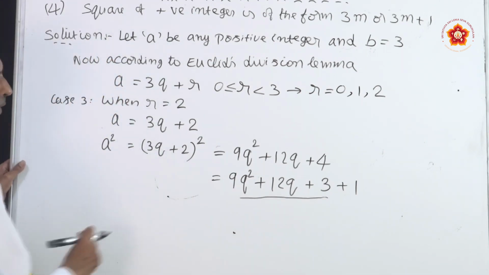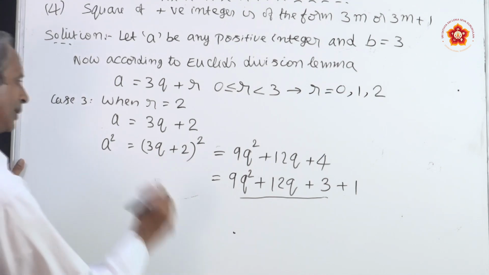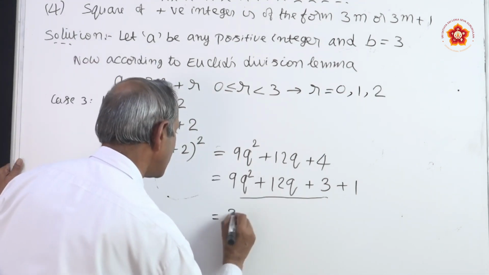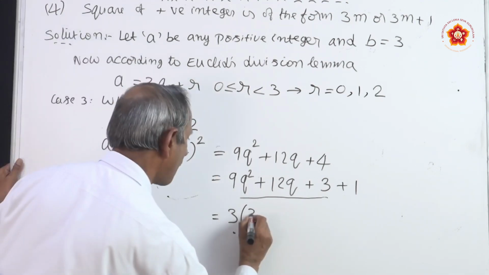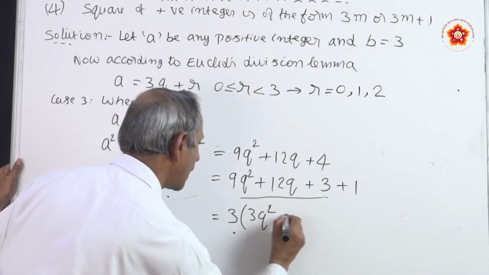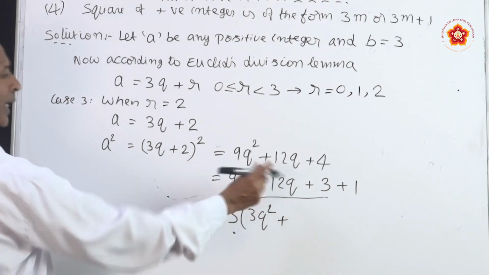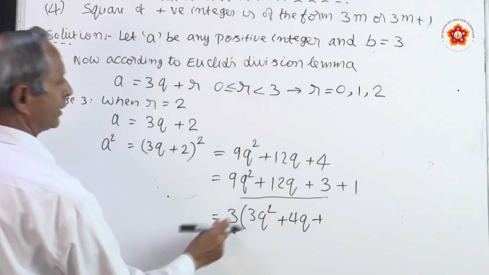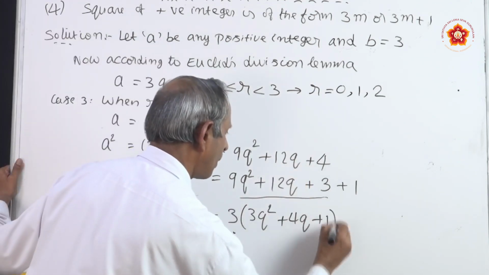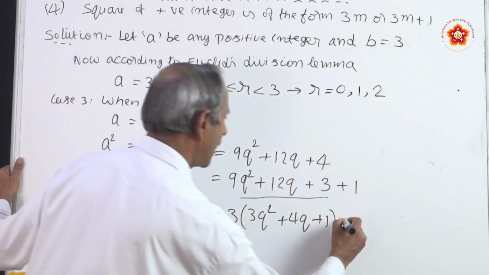Which is the common factor? Definitely it is 3 only. Take 3 outside, then you will get 3 into (3q square plus 4q plus 1), and write the 1 as it is.